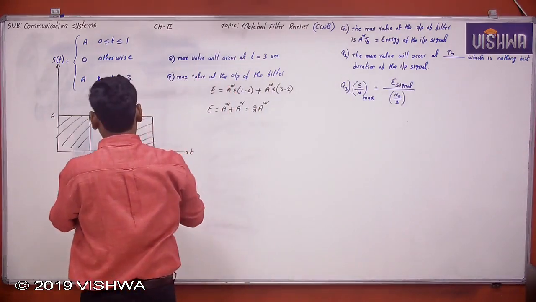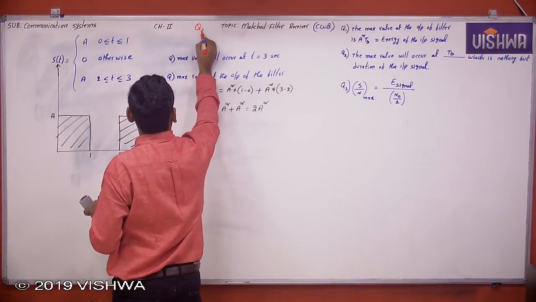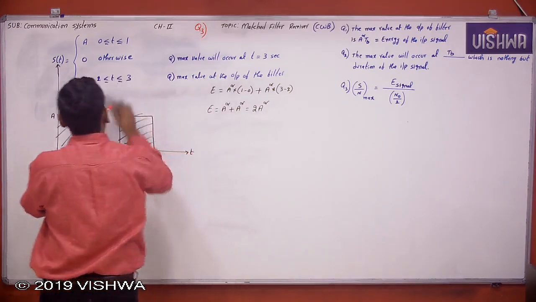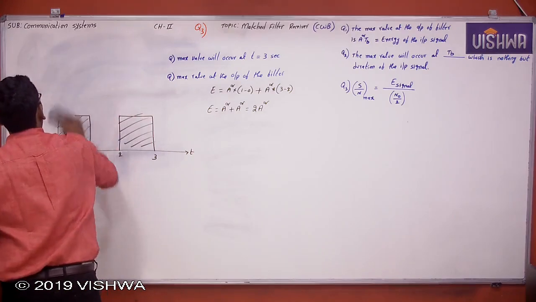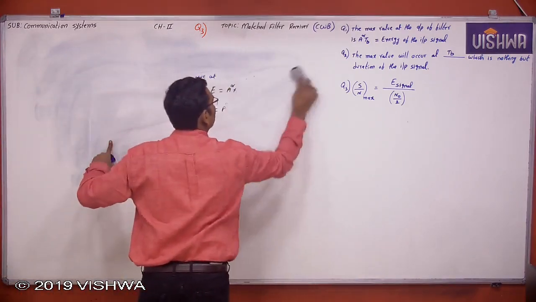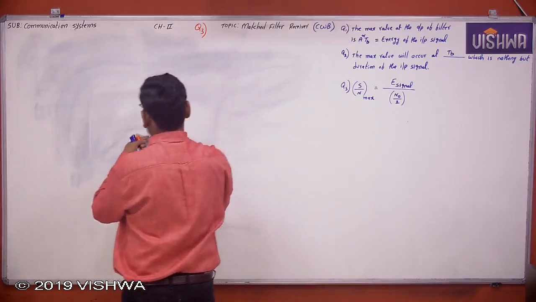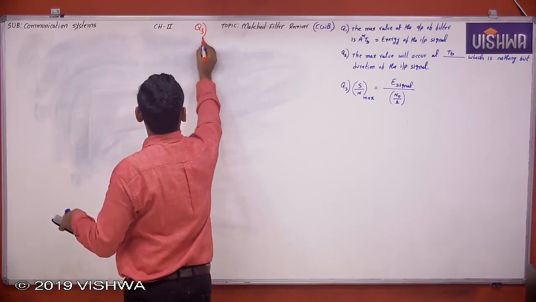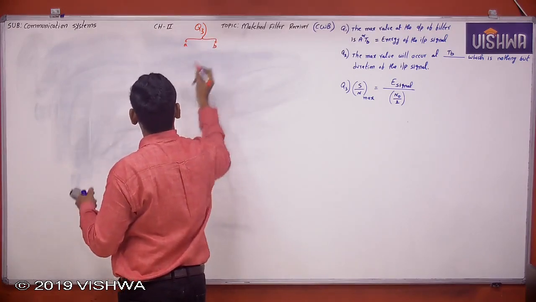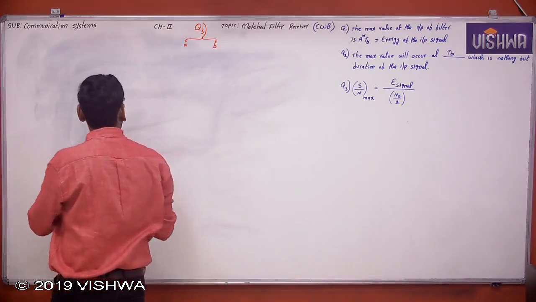Okay. Now classroom workbook question number 3, and there is a linked answer. Question number 3, A bit and B bit both are available. Okay. Linked answer. Now there are two signals which are applied to the matched filter.